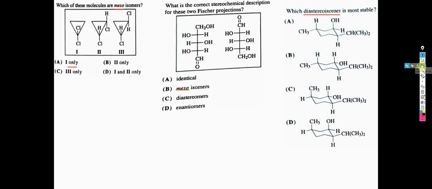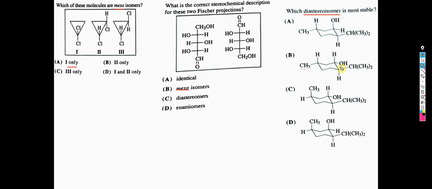Which diastereomer is most stable? Among these 4 structures, they're all diastereomers of each other. They all have the same chirality centers, but the groups are switched from each other. Here we have a methyl group in the equatorial position, ethyl in the equatorial position, and hydroxy in the axial position, so this is going to have a certain stability.